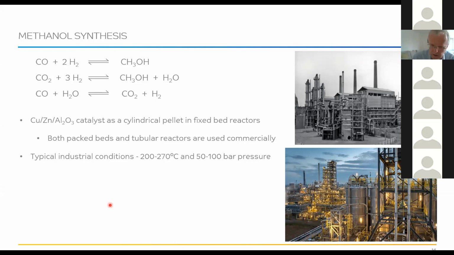So significantly bigger scale. And what you can see here, if I look at the picture, this is the reactor in the original ICI process for the methanol synthesis, and these here are the reactors in the current day process. So in terms of how they physically look, they look quite similar in many ways.